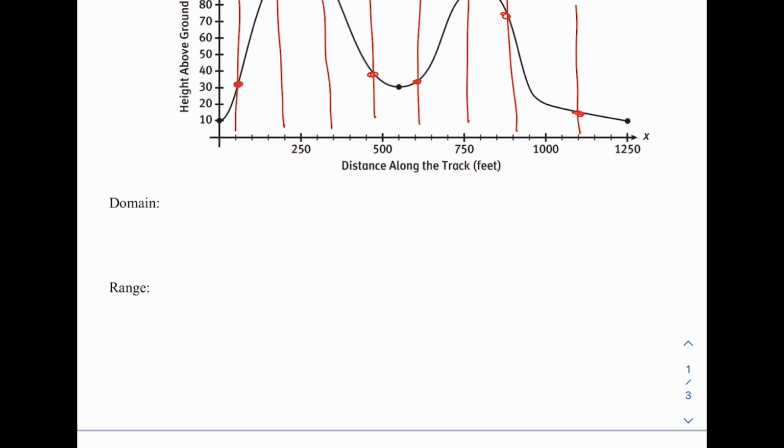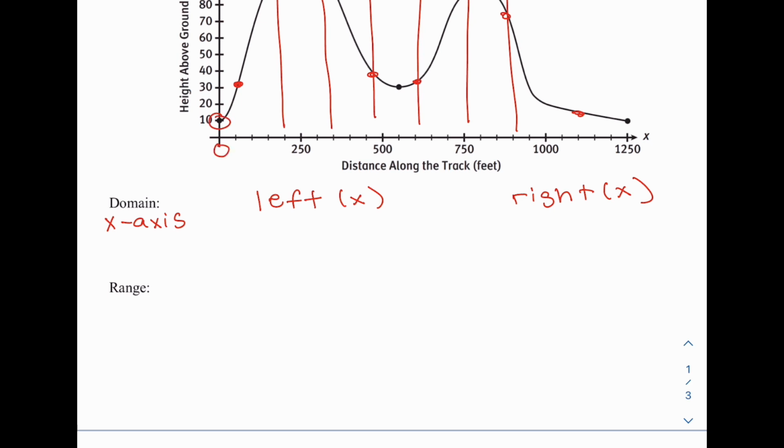This is the first time we're finding domain and range for continuous data. Domain is all of my inputs, so we're going to be looking at my x-axis. Our x-axis is horizontal. So in order to find the domain, I have to find the leftmost value on the x-axis and the rightmost value on the x-axis. So the leftmost value on the x-axis is at 0, and the rightmost x value is 1250.